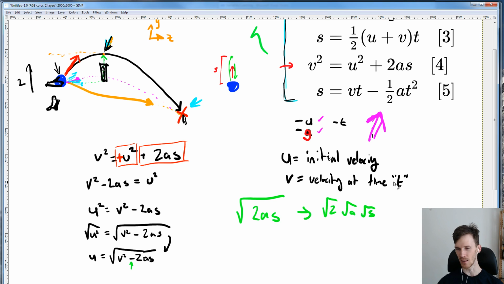So at time t, at s of t, we want the position to be here. For some t equals, I don't know, star.